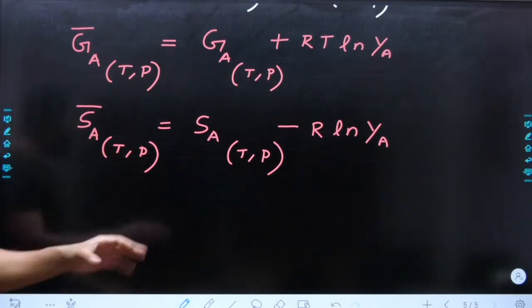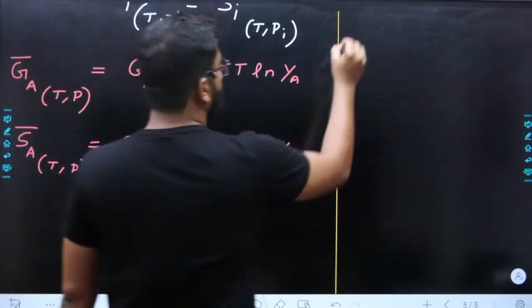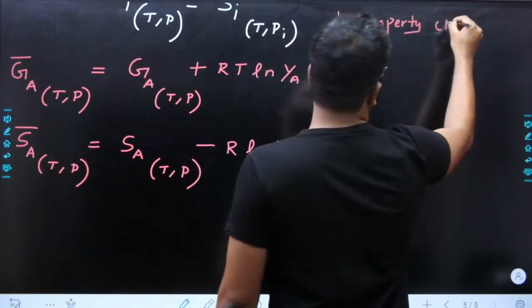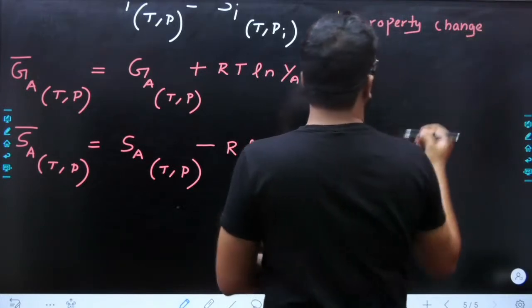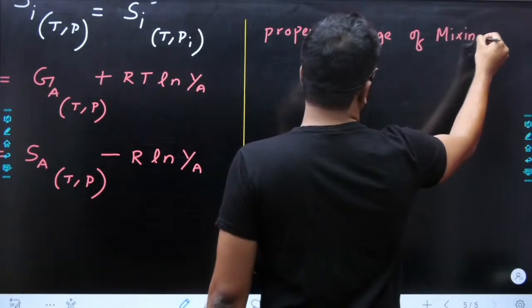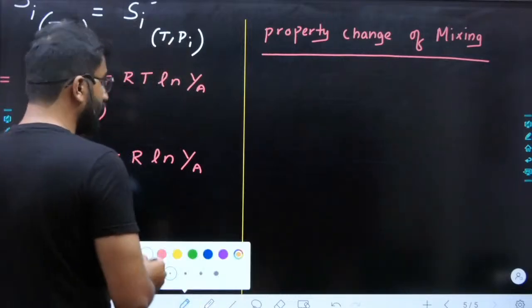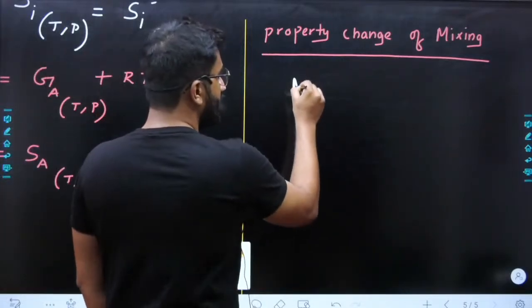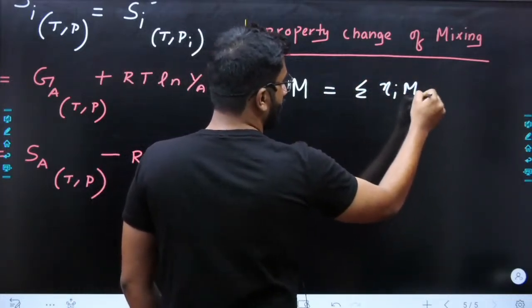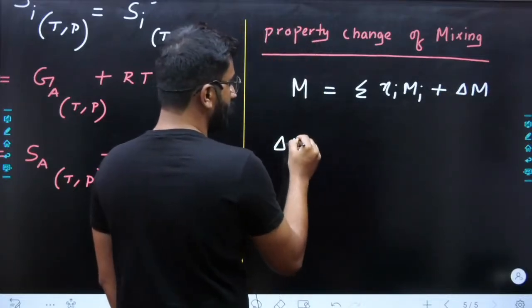Once these two equations are done, you have property change of mixing. So what is the meaning of property change of mixing? Any property is equal to sigma xi into mi plus delta m. So delta m is your property change of mixing.